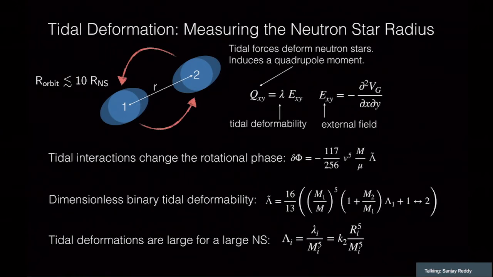However, the electromagnetic radiation from the merger depends very sensitively on whether you keep a neutron star alive for a long time after the merger or it immediately collapses to a black hole. So we are using electromagnetic observations of neutron star mergers to learn about the fate of a neutron star merger.